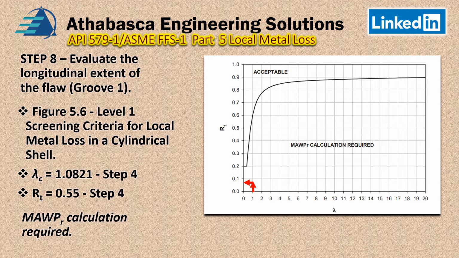And there's our thickness ratio. So it's telling us we have to do this MAWP calculation required. We have to go further. If we were, for example, up top, then we wouldn't have to continue. But because we're in this area, we have to do more analysis.